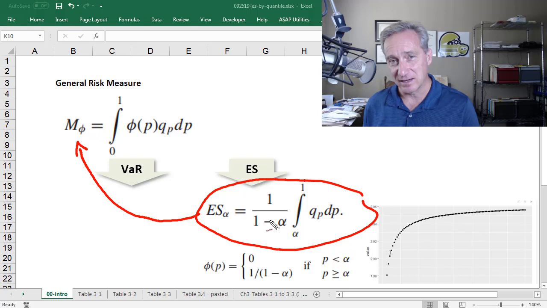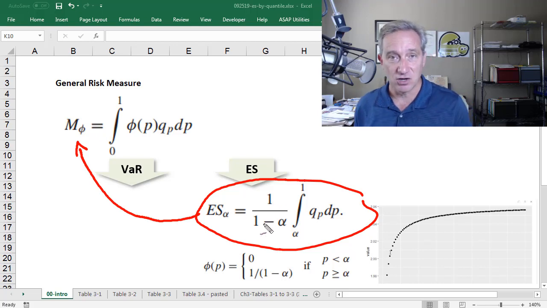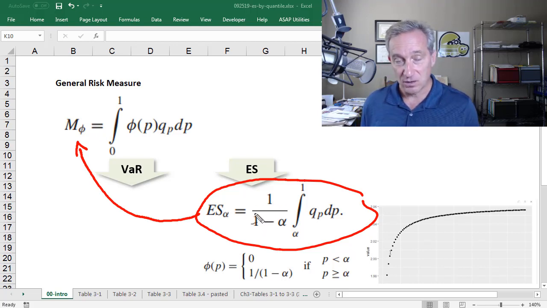I'll show you that in Excel, but then I'll shift over to R code where I've written code that will give us a much more flexible way of modeling the expected shortfall approximation in the case of these continuous or parametric distributions. So quite a bit of theory, but then some code that I hope is interesting and sheds some light on this very important measure of expected shortfall.